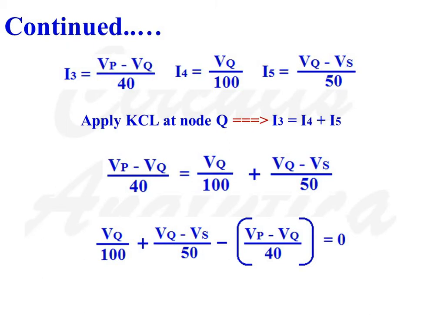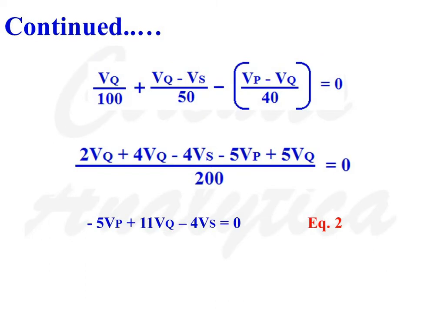Rearranging the terms, we can write Vq by 100 plus (Vq minus Vs) by 50 minus (Vp minus Vq) by 40 is equal to 0. (2Vq plus 4Vq minus 4Vs minus 5Vp plus 5Vq) divided by 200 is equal to 0. Rearranging the terms, we will get minus 5Vp plus 11Vq minus 4Vs is equal to 0, equation number 2.